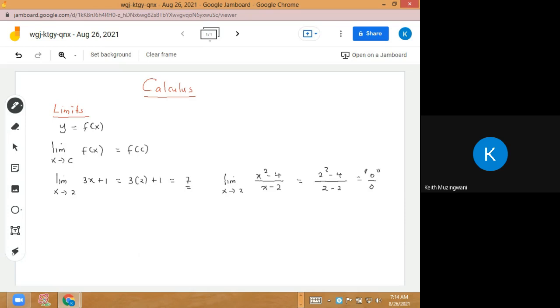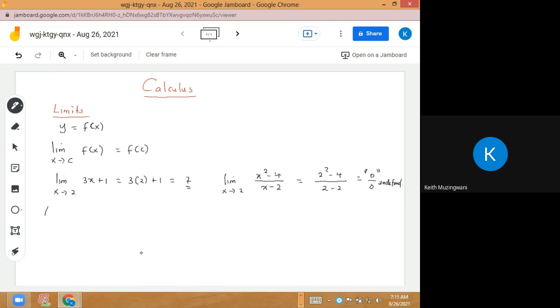This is undefined. So what we'll do is find a way of having this number substituted in this very function, and the result must be defined. That is what we'll be calling limits. So where it fails to be defined, we'll find a way of substituting without having issues. And once we find that way, the answer we find, we'll call it a limit.